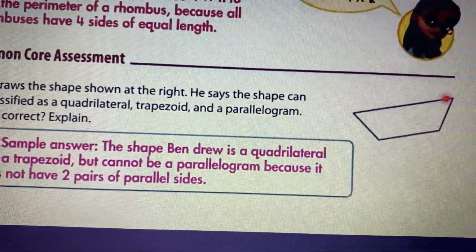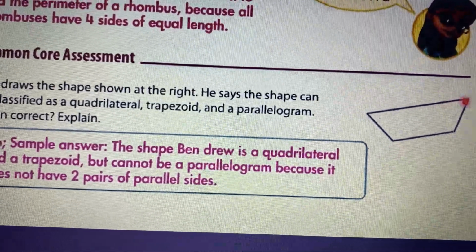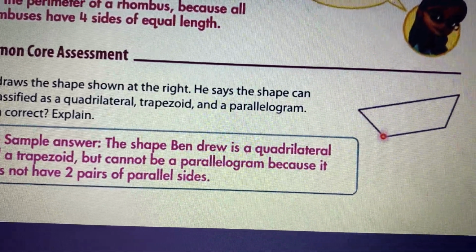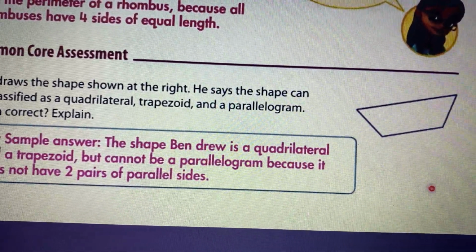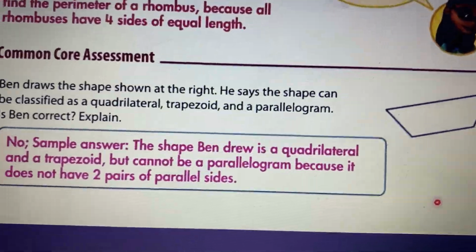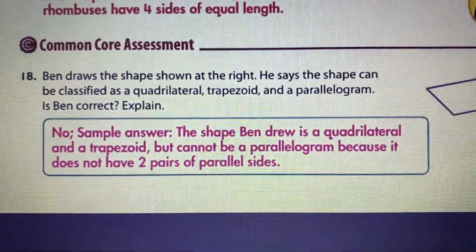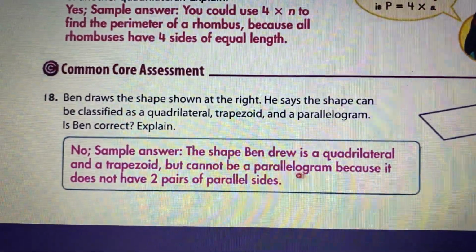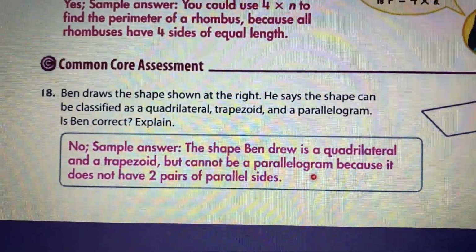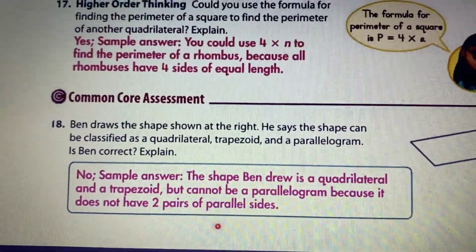The top and the bottom sides are parallel. Yes. The right and the left sides, are they parallel? If I keep moving them down, down, down, no. They will cross. So, no, it cannot be a parallelogram because it doesn't have 2 pairs of parallel sides.